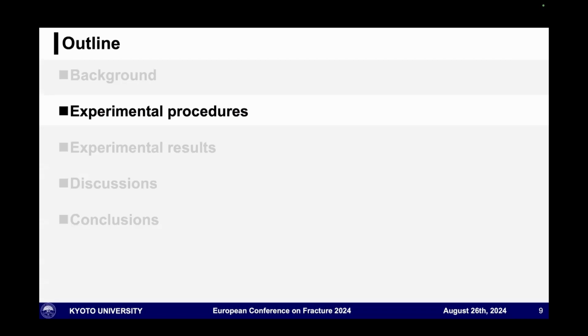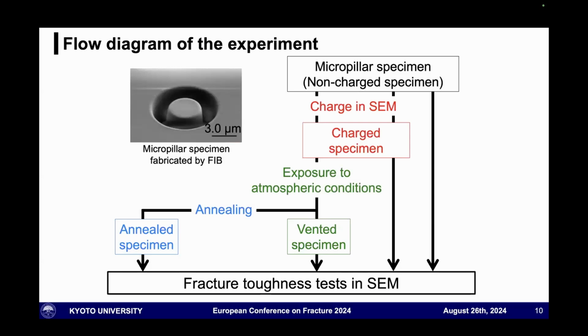Next, let me explain the experimental procedures. This is a flow diagram of the experiment. Firstly, micropillar specimens were fabricated by focused ion beam machining, and they were called non-charged specimens. Some of the non-charged specimens were EB irradiated in the scanning electron microscope, and they were called charged specimens.